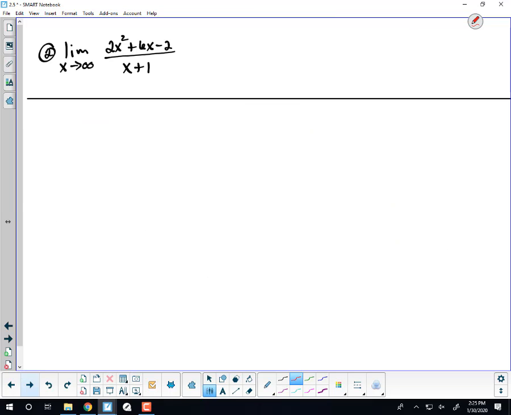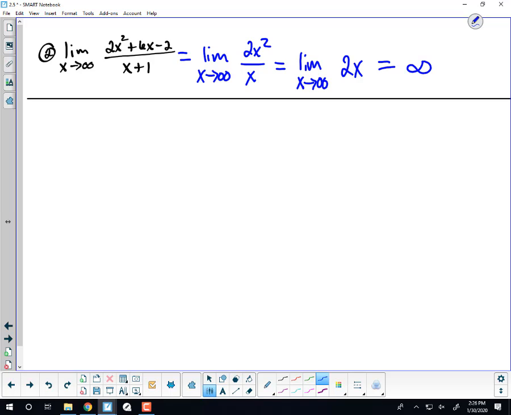So something a little bit simpler to look at is this one here. As x approaches infinity, we have the same kind of procedure. That's just 2x squared over x, which is 2x.